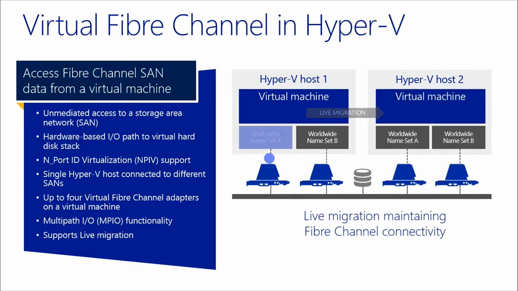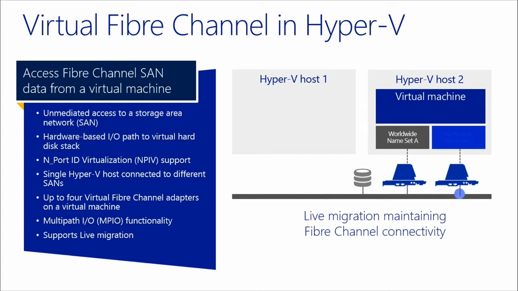And when you live migrate that virtual machine, we flick over the traffic to utilize the other set of names and addresses, so that when we do finally flick over from a migration perspective, there's no loss of traffic or data. So we're handling that seamless transition between Hyper-V hosts, utilizing live migration. So very, very powerful. And it's the right way to deploy virtual Fibre Channel if that's relevant to you in your environment.